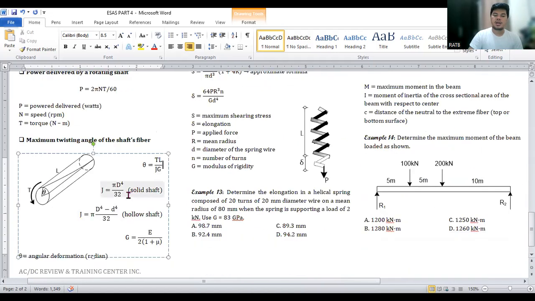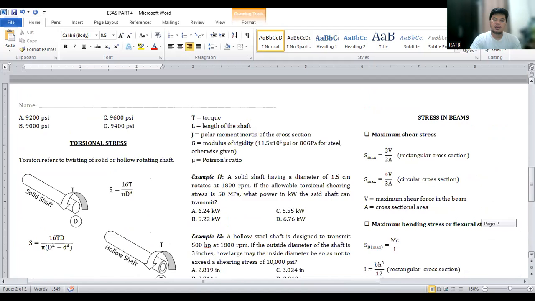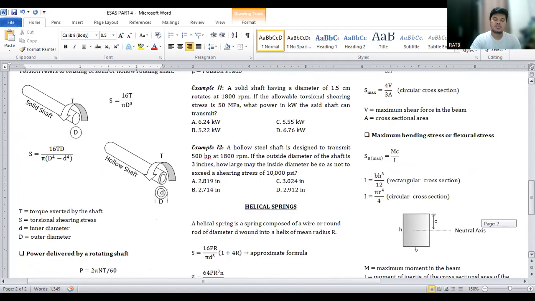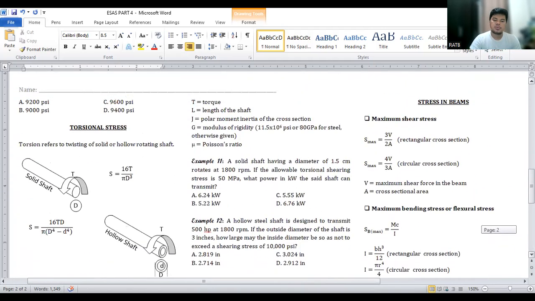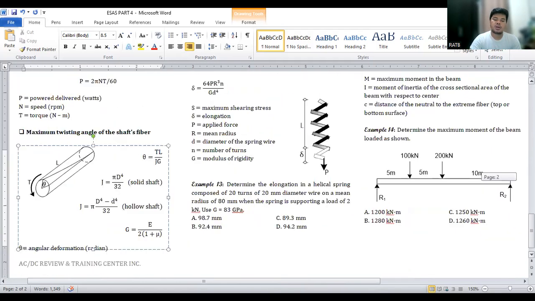For solid shaft, that's pi d to the power of 4 over 32. For hollow shaft, you also have this formula. The modulus of rigidity can be calculated as E over 2 times 1 plus mu, wherein mu is the Poisson's ratio. But if it is given, then no need to calculate for the modulus of rigidity.